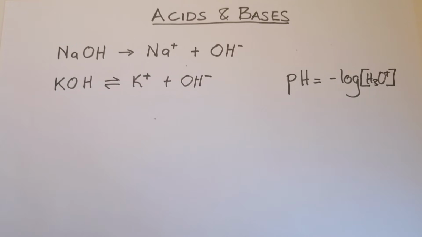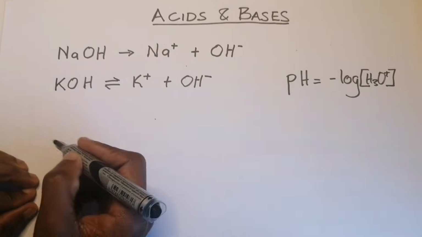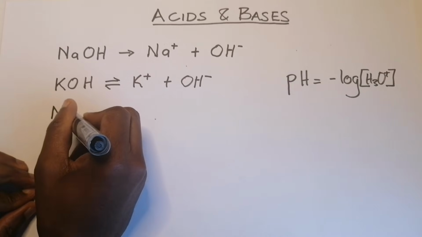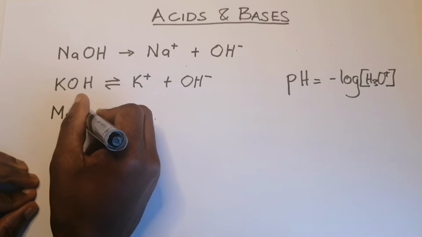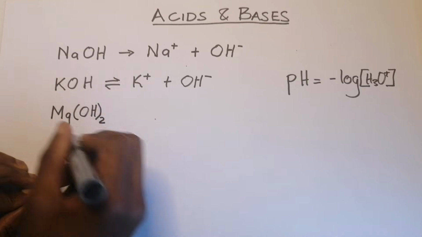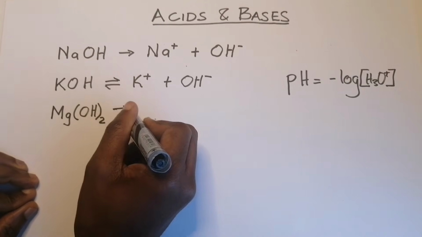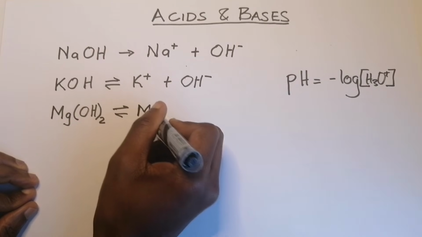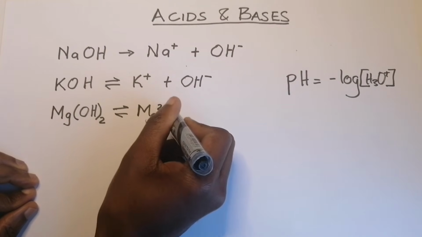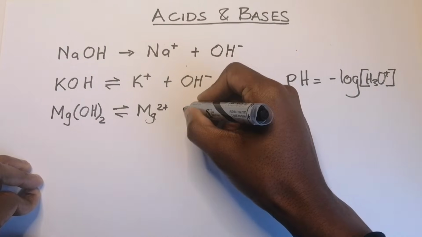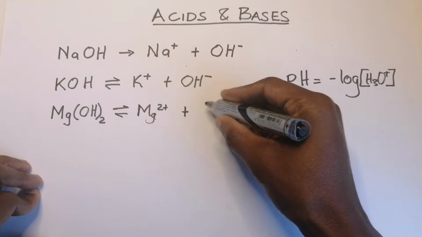Okay, so what I want us to do, in fact, let me just add some more bases. Say maybe you've got magnesium hydroxide. Remember, magnesium hydroxide has got two of those OHs. So in this case, how does it dissociate? It becomes Mg, magnesium 2 plus. Remember, it's in the second group, so that oxidation number there would be 2 plus.